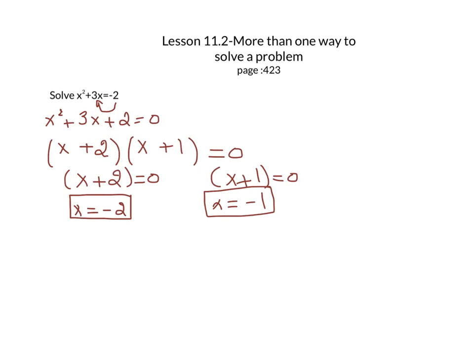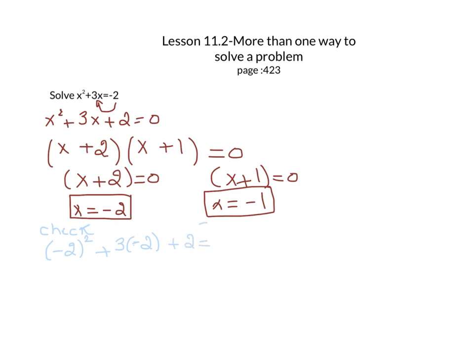This means that I need to check both x equals negative 2 and x equals negative 1. I'm going to start with checking x equals negative 2. So x squared is replaced by negative 2 to the power of 2, plus 3 multiplied by negative 2, plus 2.